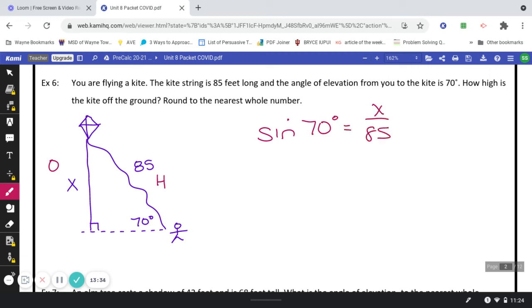All right, your equation should look like that. And to solve this, you would multiply by 85 to get the x by itself.